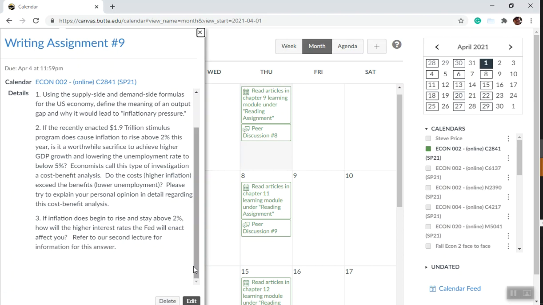So I want you to analyze, and please excuse the phone there. I want you to analyze this from a couple of different perspectives, from the supply and demand side formula in terms of costs and benefit, and then take it as true that this does cause inflation. We get this recession taken care of, but then there is such high inflation that the Fed raises interest rates, and how will that affect you in the coming years?